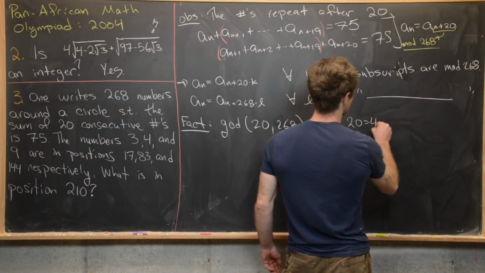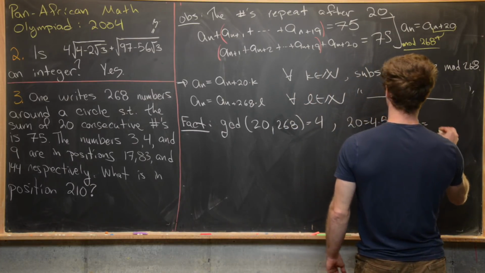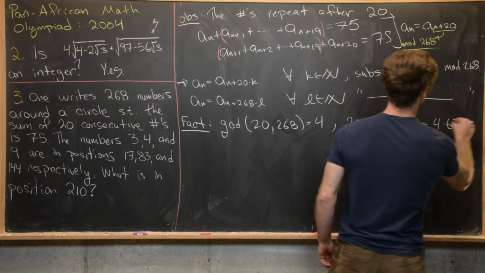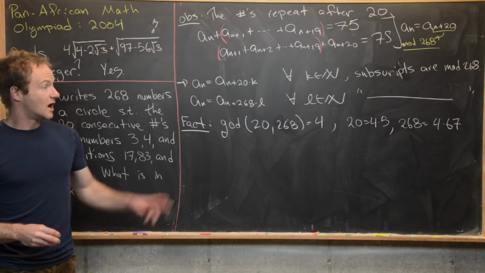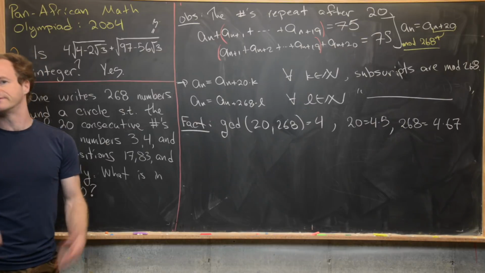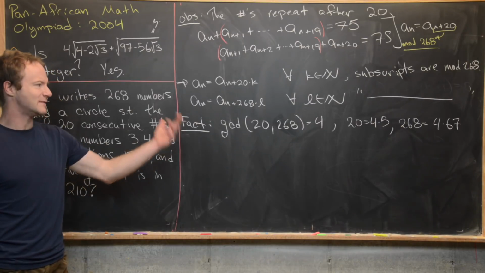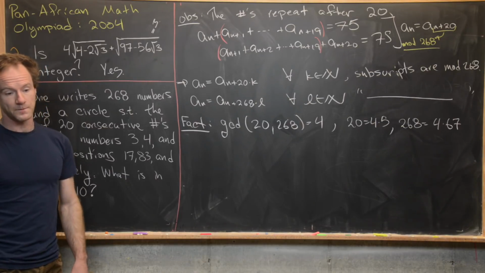So notice 20 is equal to 4 times 5, and 268 is equal to 4 times 67. Those are the two prime power factorizations of 20 and 268, where we're writing 4 instead of 2 squared. But that means that the GCD is pretty clearly equal to 4.